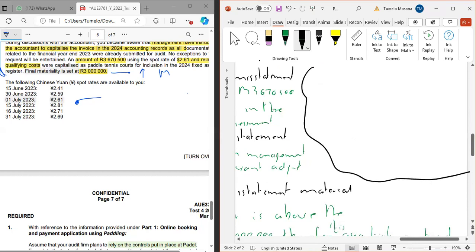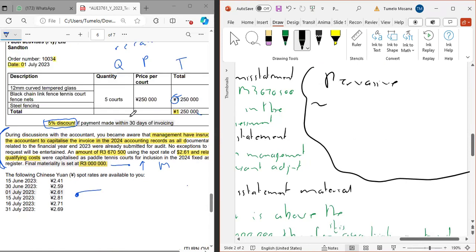So with regards to pervasiveness, normally you would not find something pervasive when you're doing a qualification. It's in rare cases. Something can only be pervasive if it affects the majority of the line items on the financial statement.